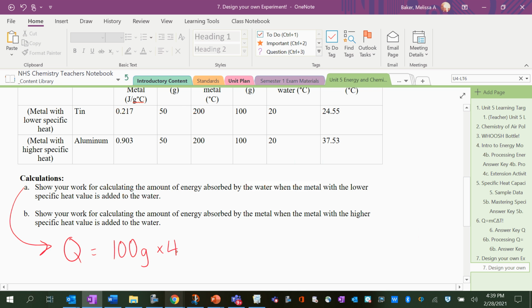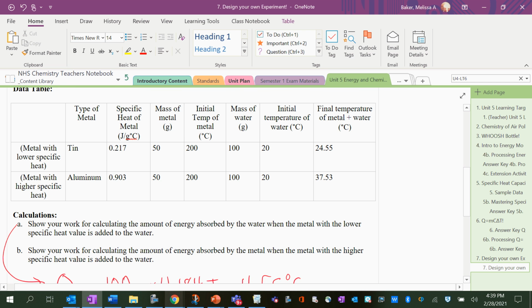It's 4.184 in this simulation, joules per gram degrees Celsius. And the change in temperature, it went up from 20 to 24.55. So it went up 4.55 degrees Celsius.